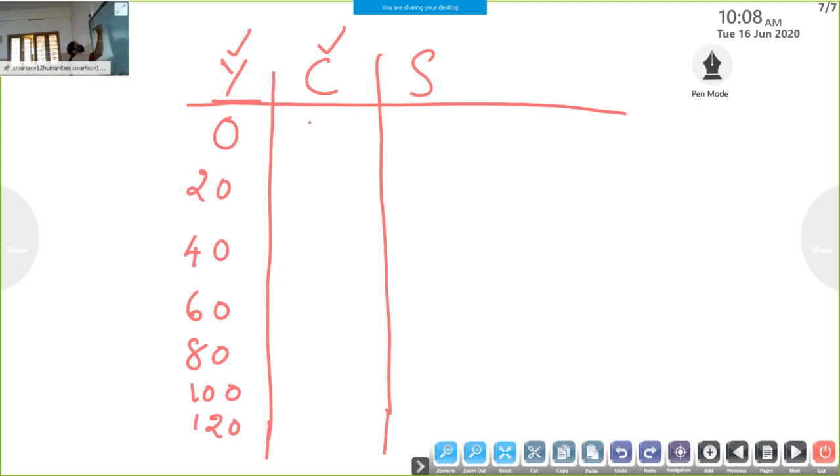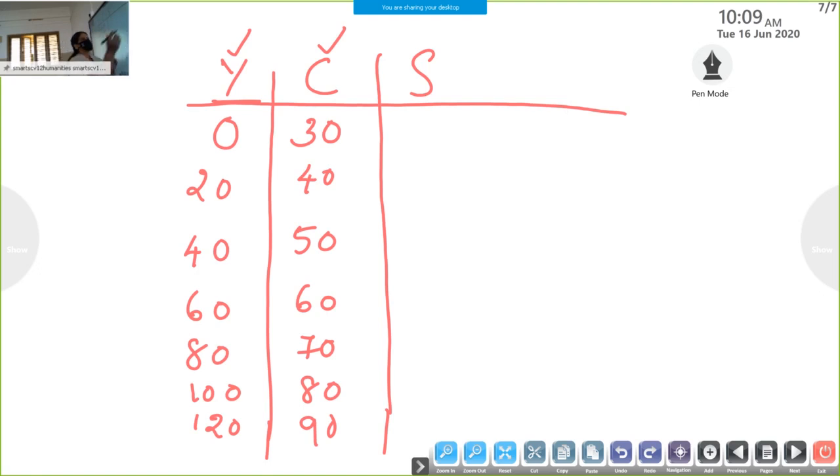Consumption I am taking 30, 40, 50, 60, 70, 80, 90. I think you understood the logic behind this. Then from these two terms we can find out saving. We studied aggregate demand is equal to C plus I, right? Y is equal to C plus I. All these formulas should be there in your mind.